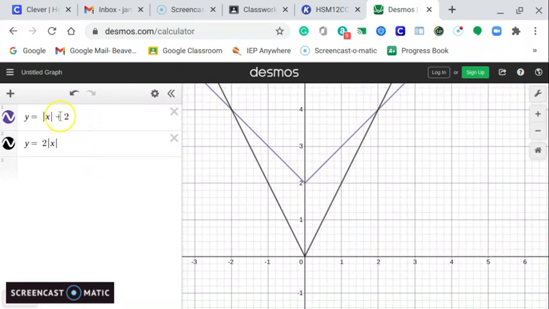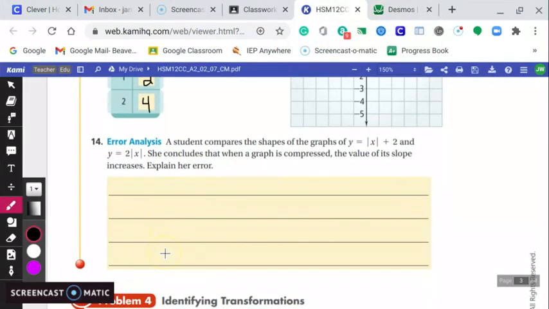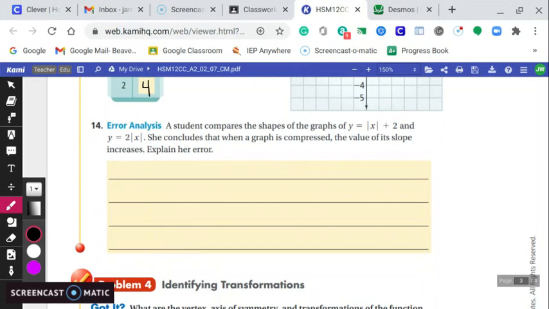This starts at 2. So plus 2 here means the y-intercept's at 2. And this one starts here. And it's a stretch of 2. So you're going 2 up and 1 over. 2 up, 1 over. So you want to write something in there about that down here in this thing. So I would write down there that it's a stretch of 2.